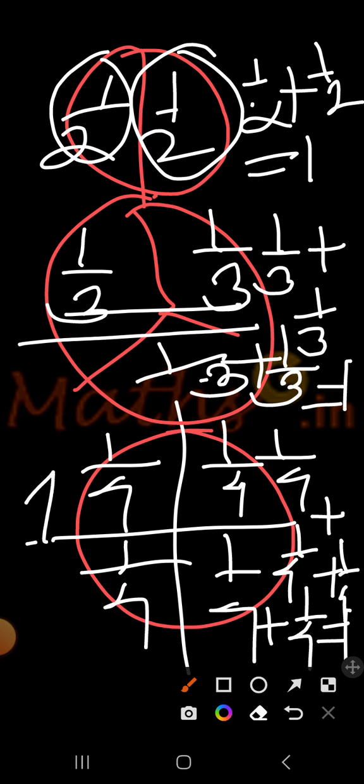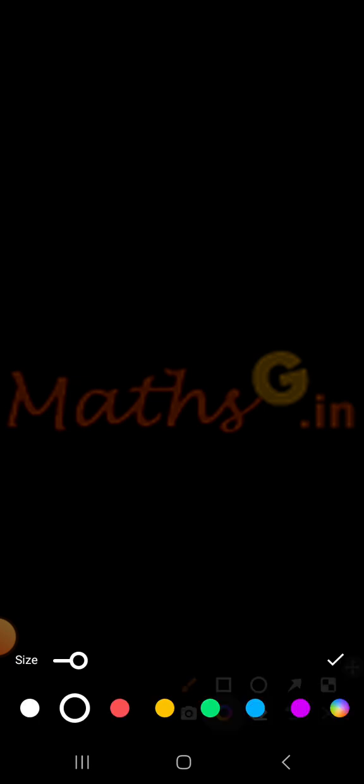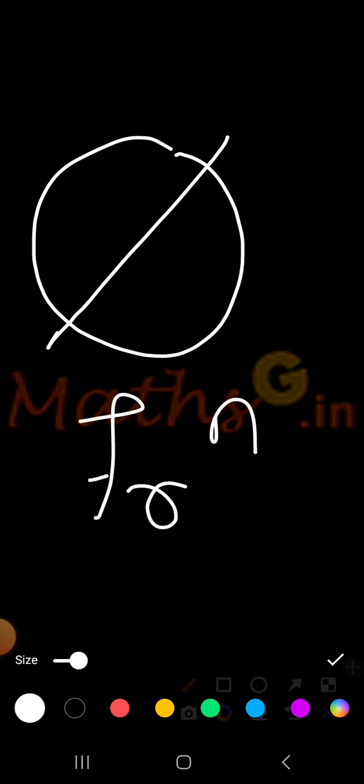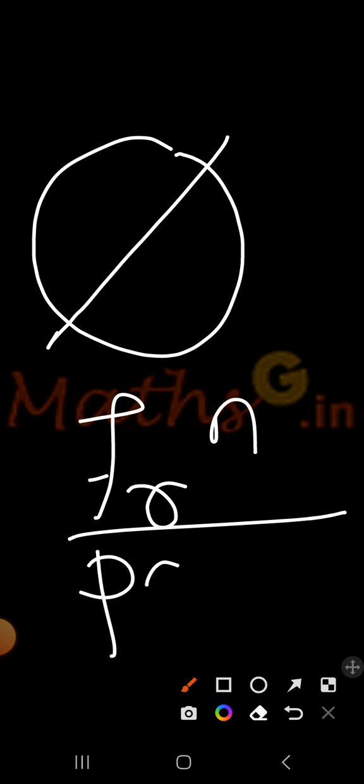The whole cake is always represented as 1. So if the whole cake is 1, then a part of that is a fraction. Similarly, part of a whole is called a fraction. So a fraction is a part.